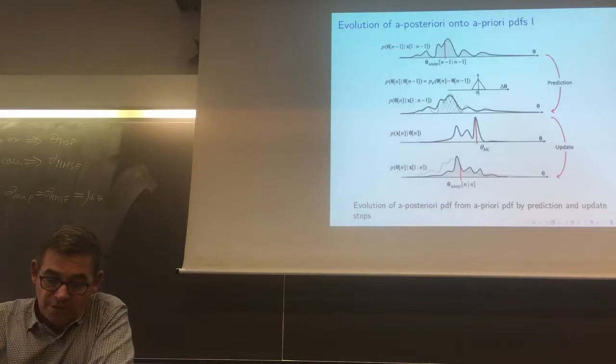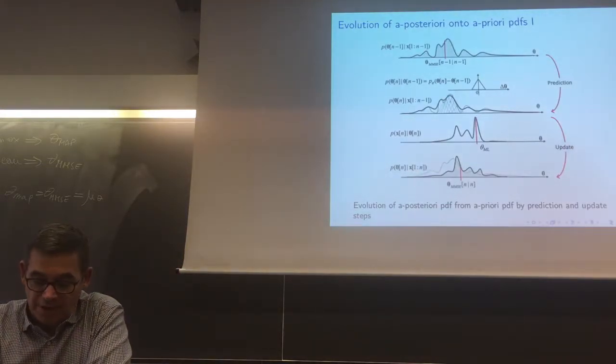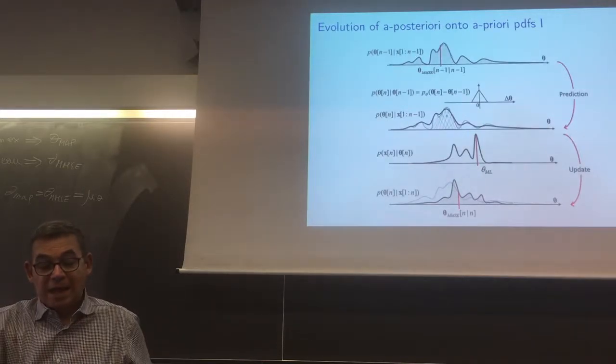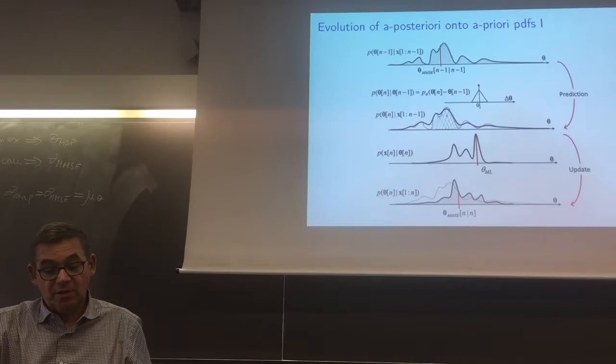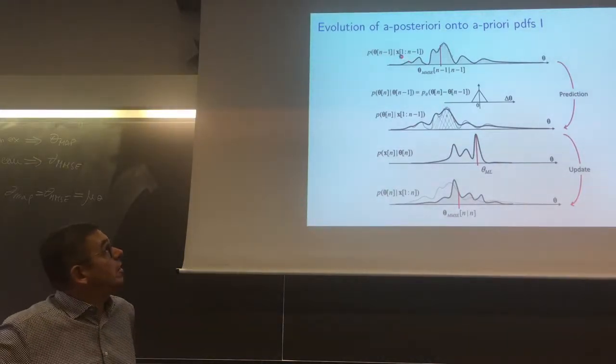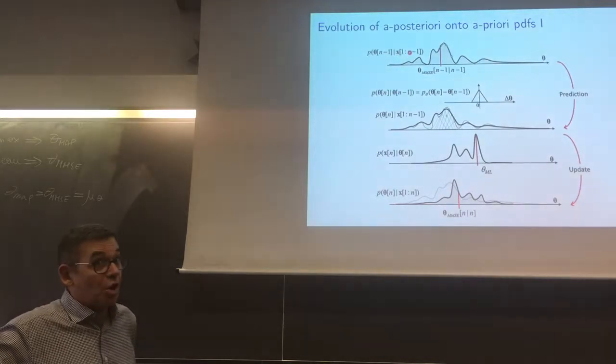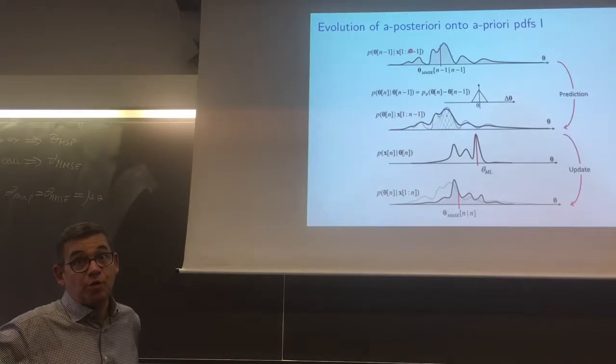Now, this is graphically, okay. Here graphically, what I'm going to do is this. Assume that I know the posteriori at time sample n-1. Here the posteriori is coming from all the data up to n-1. Remember, having all the data is crucial for Bayesian tracking.